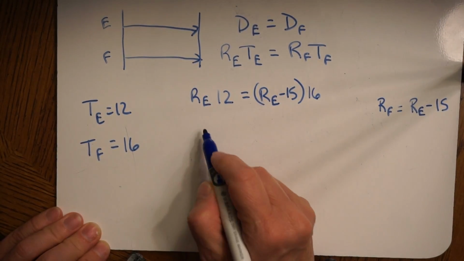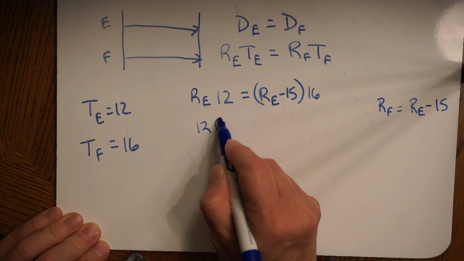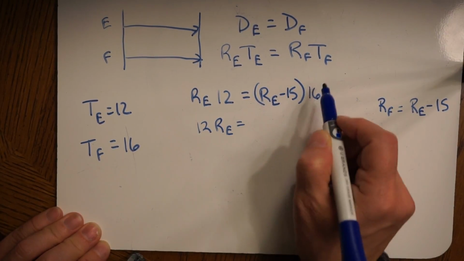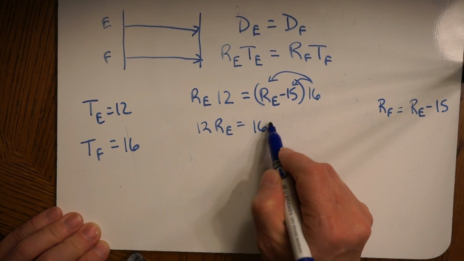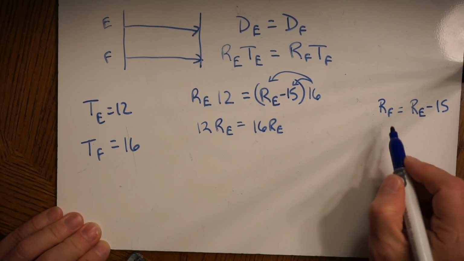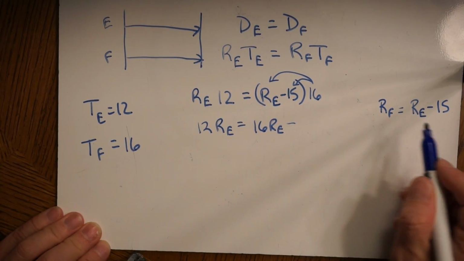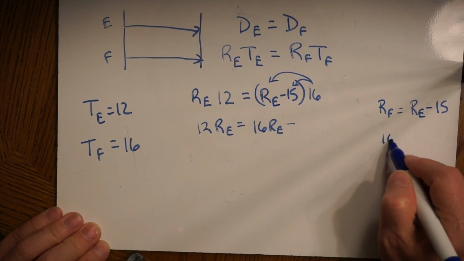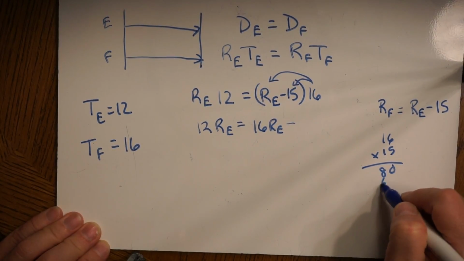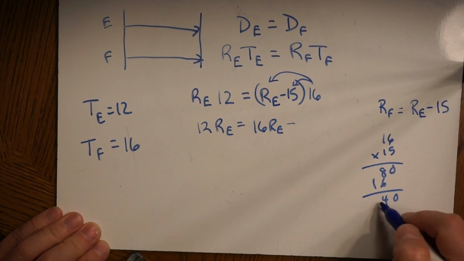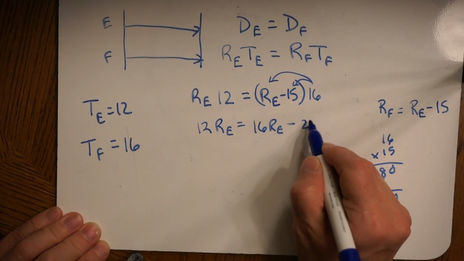I'm going to put my coefficient in front. We're going to distribute. So we get 16 RE minus 16 times 15. Minus 240.